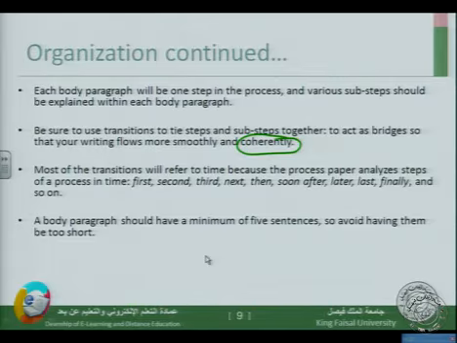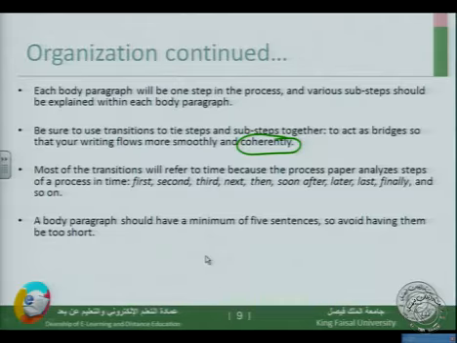Why? Because if you write three sentences, usually, not always, your paragraph is going to look weak. It's not convincing. It's not persuasive. It doesn't attract your reader enough. So try to write a minimum of 5 sentences for each body paragraph.